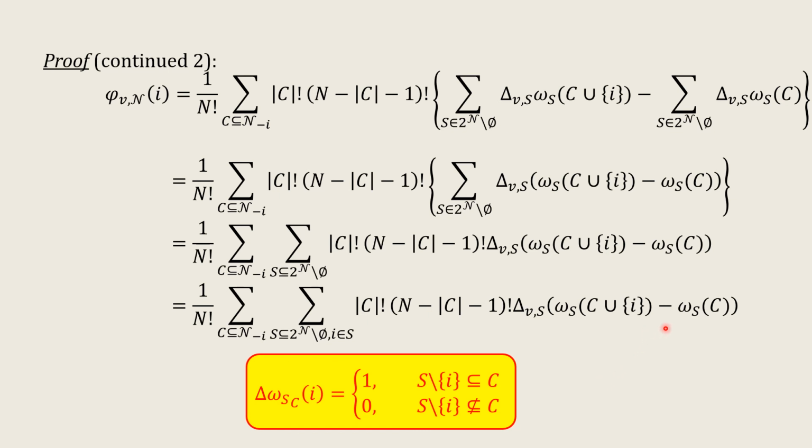What's inside this parenthesis is the marginal contribution of agent I to the coalition C. And we note that the marginal contribution is 0 if S does not contain agent I. So all I've done here is introduce this condition, I belongs to S, because this marginal contribution will disappear when I is not part of S. And so I arrive at this expression here.